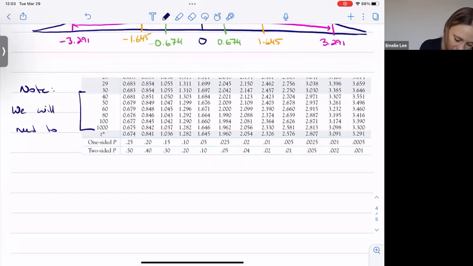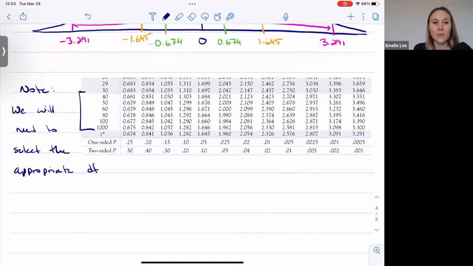So we will need to select the appropriate degrees of freedom, and we will always round down.